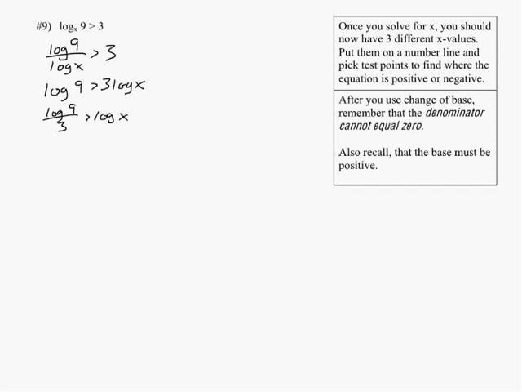and then how do you get rid of the log on the right? Because if we got rid of it, we'd have x by itself. Anti-log both sides, which means 10 to the exponent of this. So if we anti-log both sides, gets us x by itself.